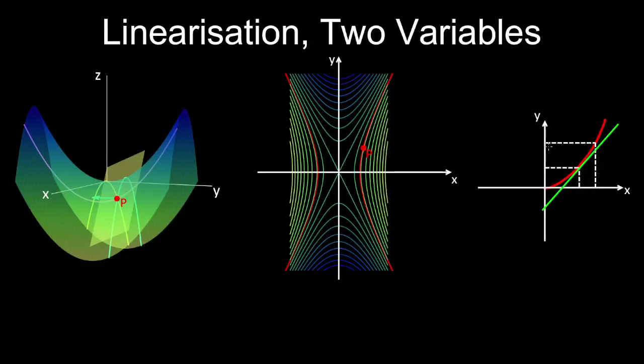Recall that for a function of one variable, we approximated the value of the function at some point x using the value of the function at a base point xp.